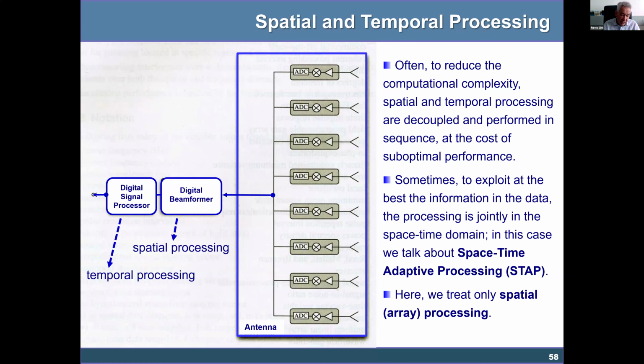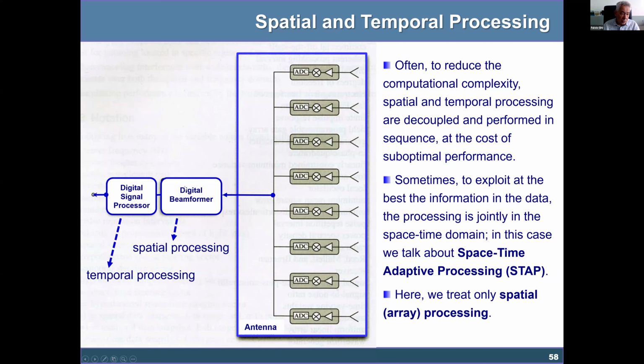But typically, two-dimensional processing has more computational complexity than the cascade of spatial processing and temporal processing. So to reduce computational complexity, most of the time you will see that in the receiver, the two kinds of processing are decoupled.